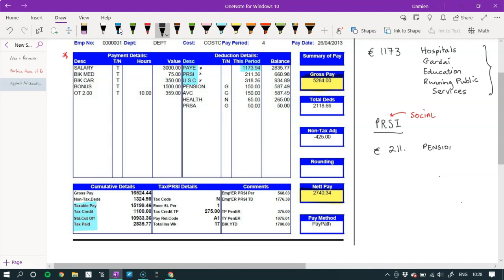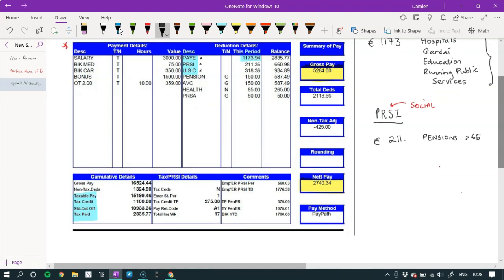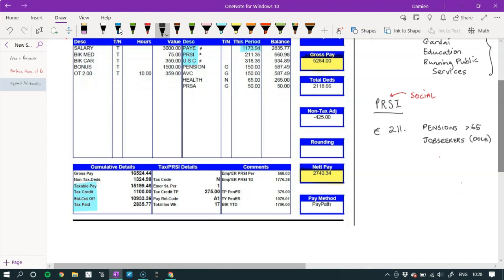So the pensions, which people, I think above 65, I think maybe is the number at the moment, anyone who gets a pension, old age pensioners. Also job seekers benefit, okay? So job seekers, and again, that's often called the dole or unemployment benefit. So just you may not know it as job seekers benefit. So that money goes into that.